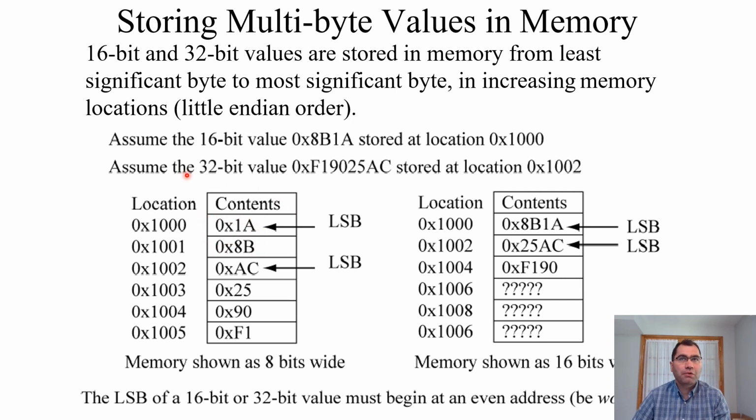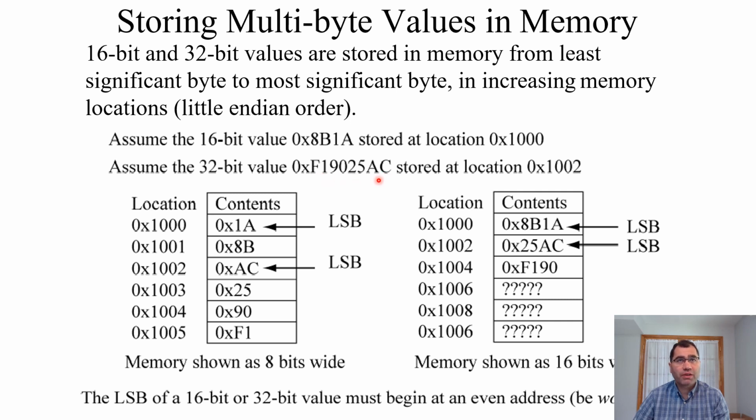Let's say we want to store a 32-bit value at the location right after the 16-bit value. Again, we start with the least significant byte and go toward the most significant byte.